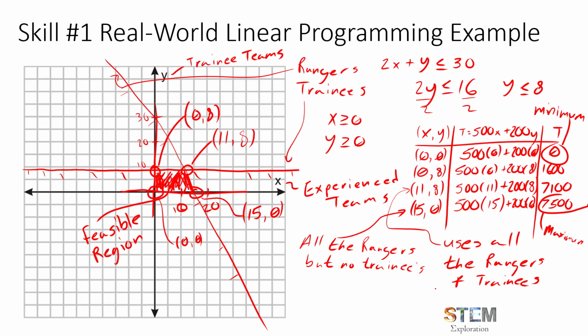And so if you were the manager of this forestry project planting these trees, even though the 15-0 solution produces the most output in the short run, this solution of 11 and 8 is going to give you a better future output, because the idea here is that if you have your trainees working, they aren't trainees forever.